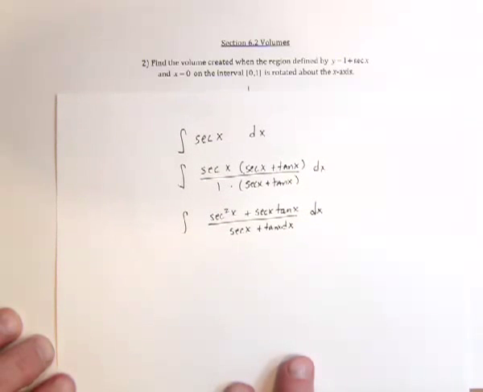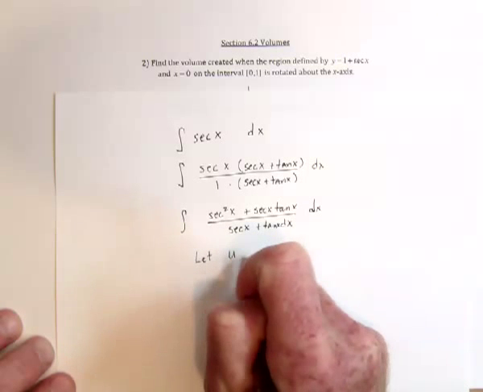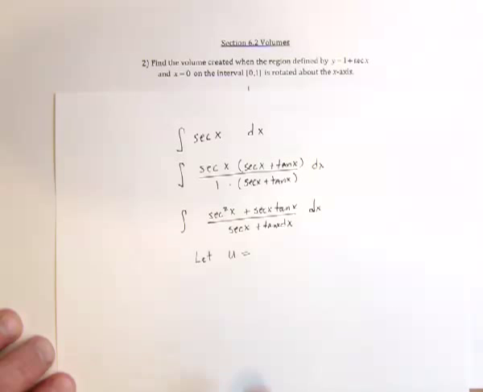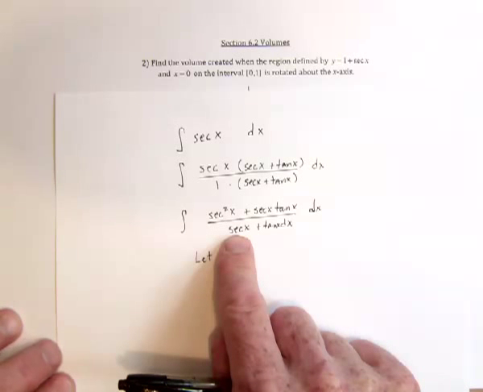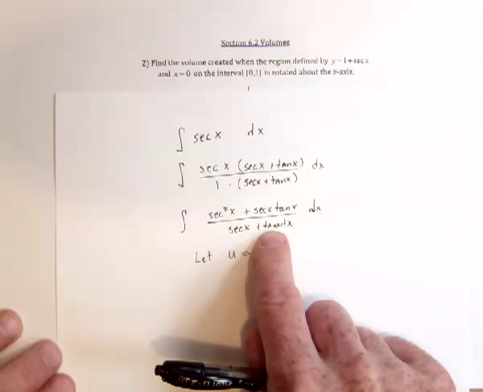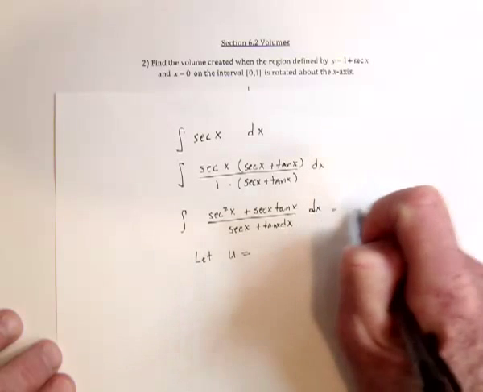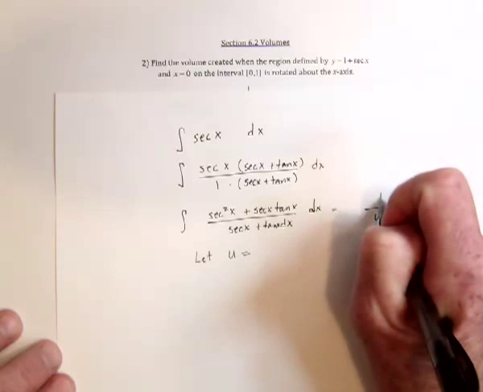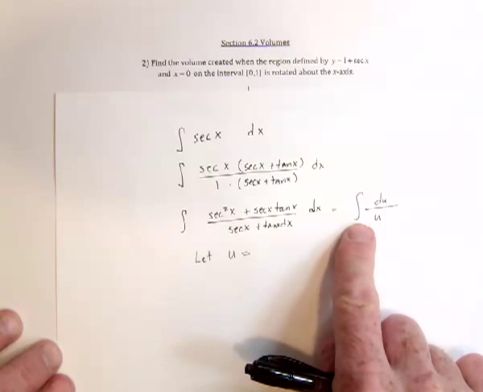Well, now this is going to become one big u substitution. Let u equal, and here it comes. So the derivative of secant is secant times tangent. The derivative of tangent is secant squared. So we essentially have whatever is in the denominator, we have the derivative of it in the numerator. And then the antiderivative of that is the natural log of u.